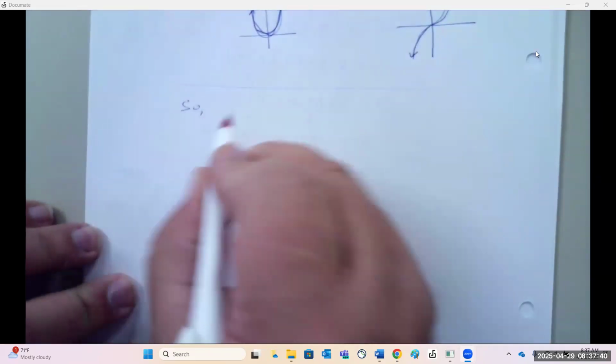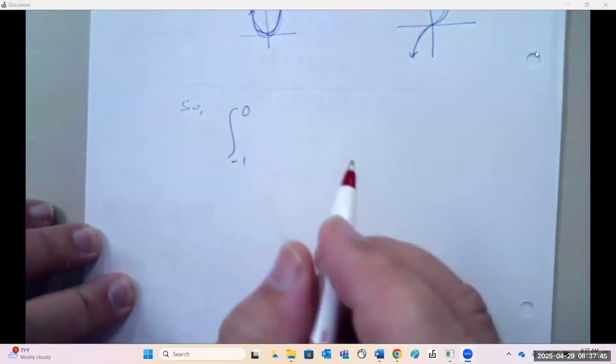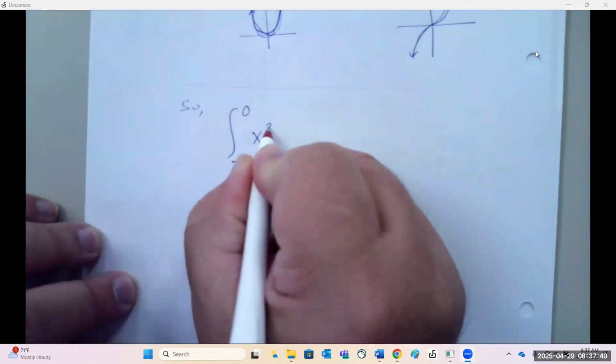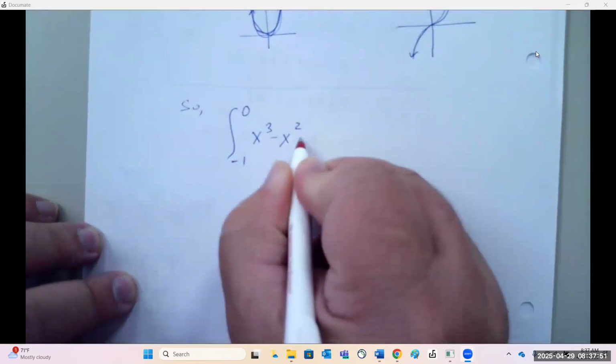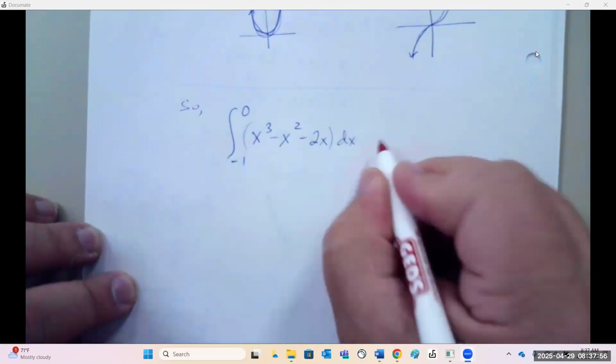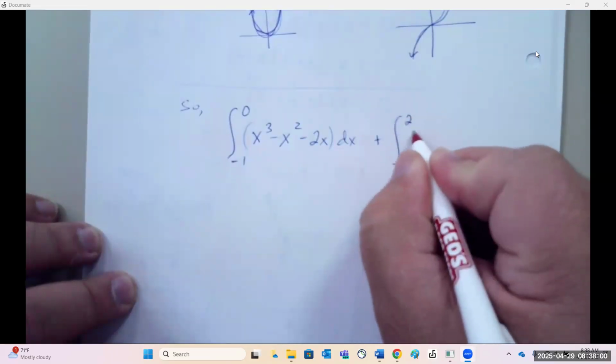So our first integral is from -1 to 0 of our function, which was x cubed minus x squared minus 2x dx. And then we have to add it to the next one from 0 to 2.